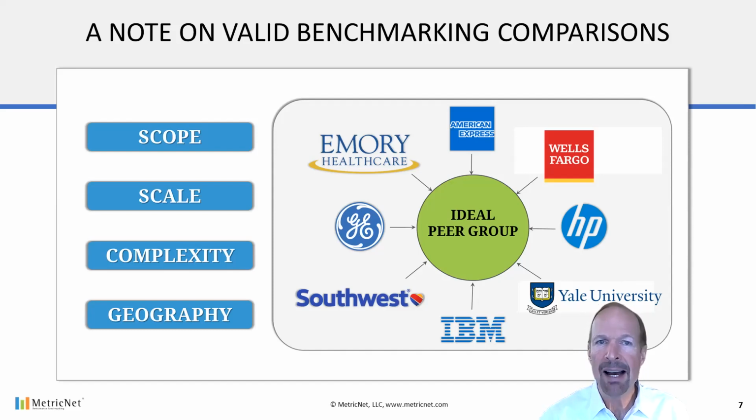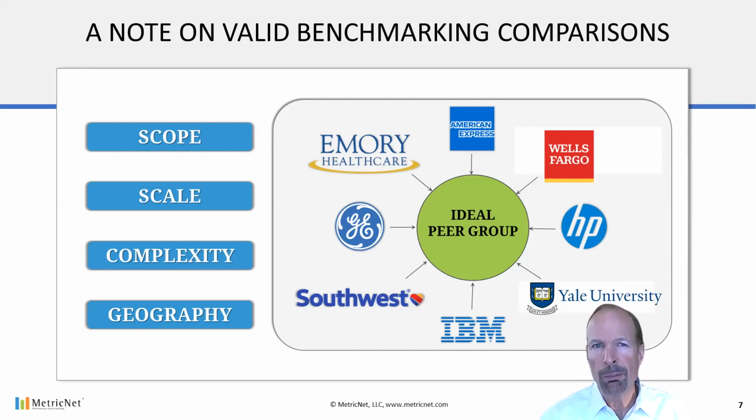And those scale economies have an impact on all of the contact center KPIs. So our recommendation is that you benchmark only against other contact centers that handle the same volume as your contact center, plus or minus 20%, thereby ensuring that the scale economies are roughly the same.